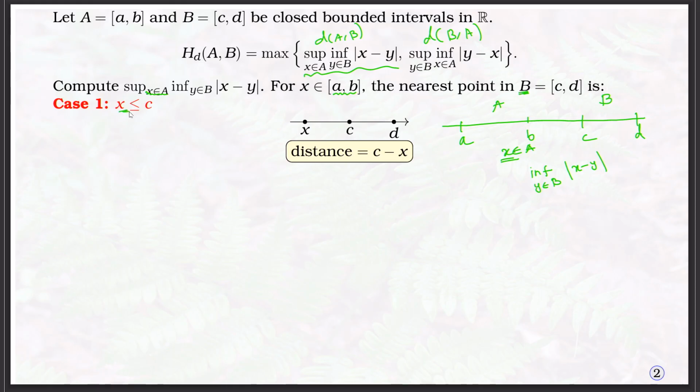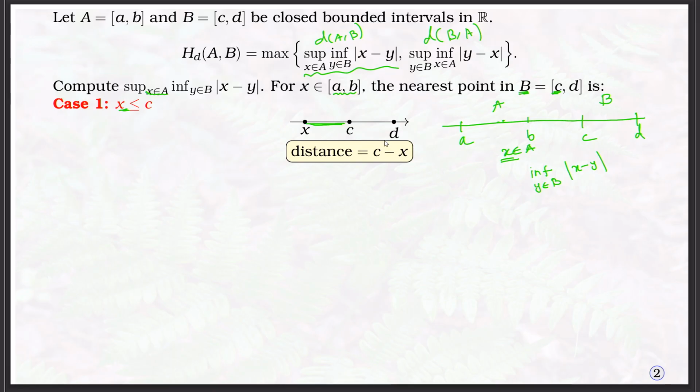If x is less than c, the lower bound of this interval, that means x is here, then the nearest value is c minus x. Obviously both are disjoint sets, therefore our x must be here. If x is less than c, then the minimum distance is c minus x.